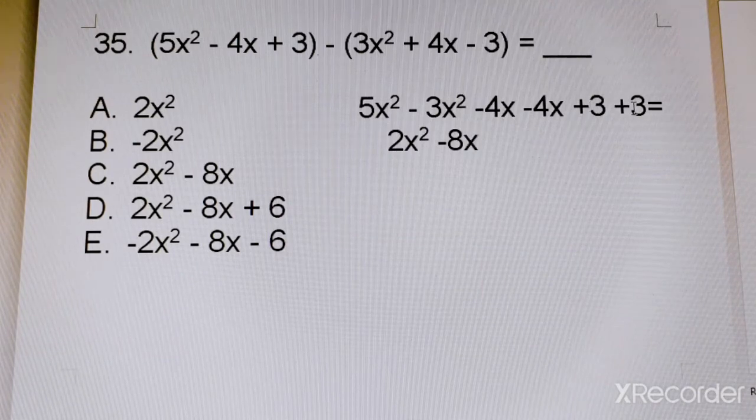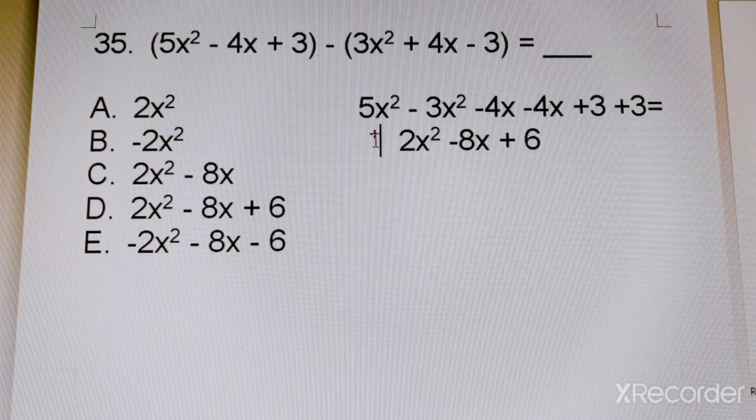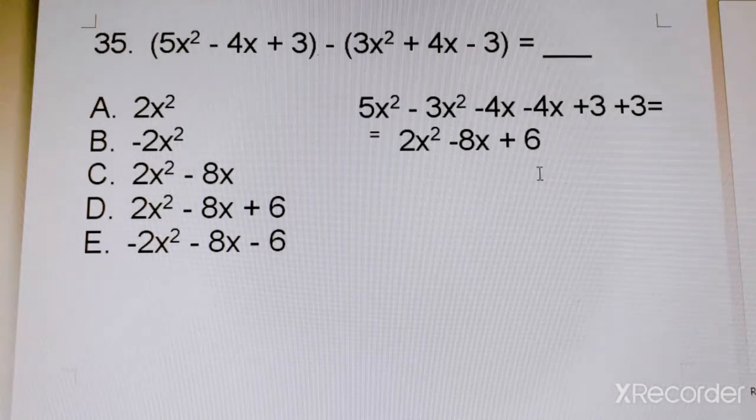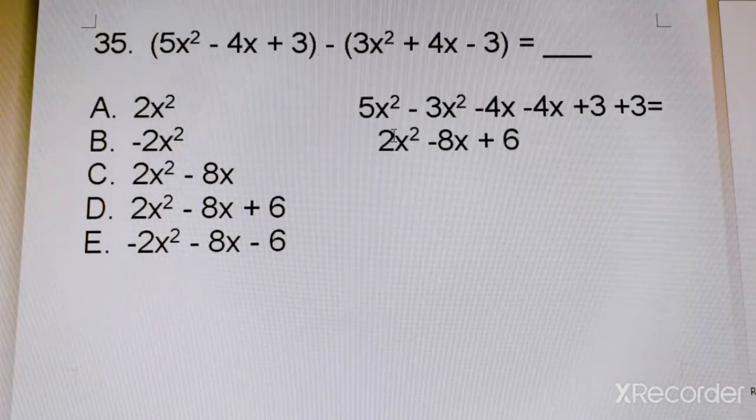And then plus 3 plus 3, 6. So this is our answer. 2x squared minus 8x plus 6. So letter D, 2x squared minus 8x plus 6. Letter D is the correct answer.